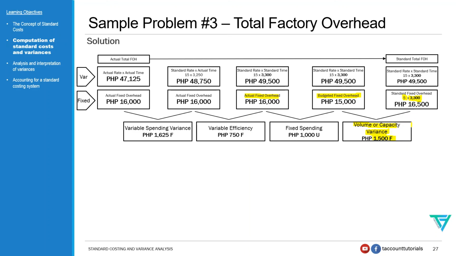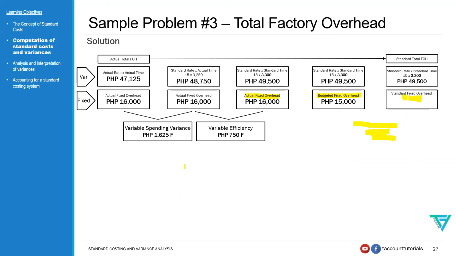So in this case, since we have a favorable variance based on our computation, we would also expect that the normal or budgeted capacity is less than the actual hours or the capacity allowed for actual production, right? So let's try to see if that's correct.